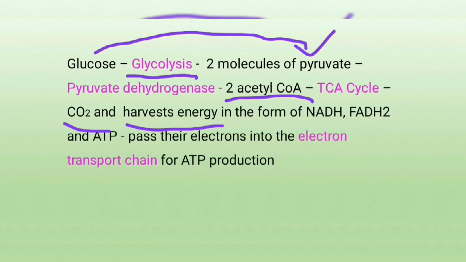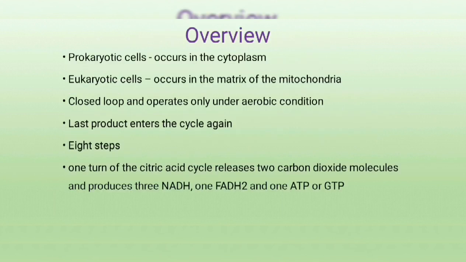The energy here is formed in the form of NADH, FADH2 and ATP, and these pass their electrons into the electron transport chain for ATP production.